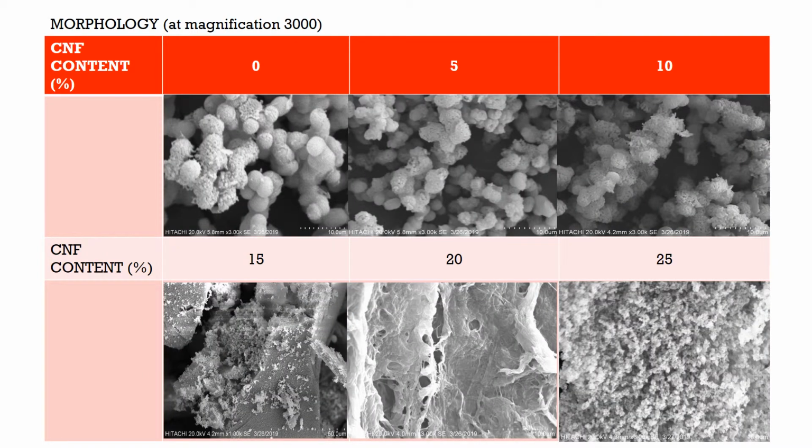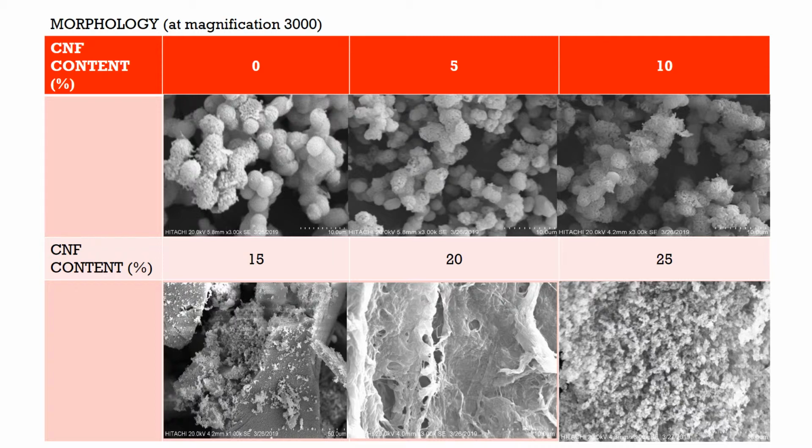At closer magnification of 3000, it was observed that the 10% CNF content bioactive glass followed the architecture of the CNF particles, as well as having many bioactive glass particles attached to the CNF.